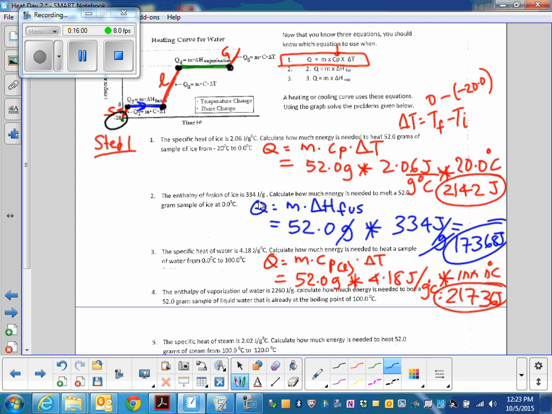Now, let's go to step 4. What equation do I use? Q equals m times heat of vaporization. So the mass of my substance is 52 grams. My heat of vaporization is 2260 joules per gram.